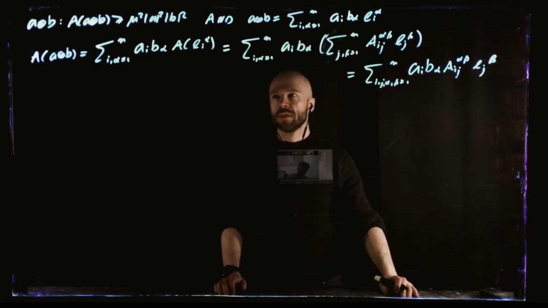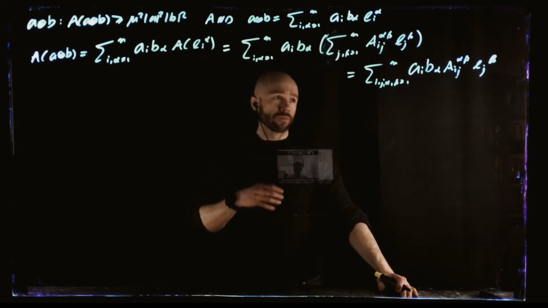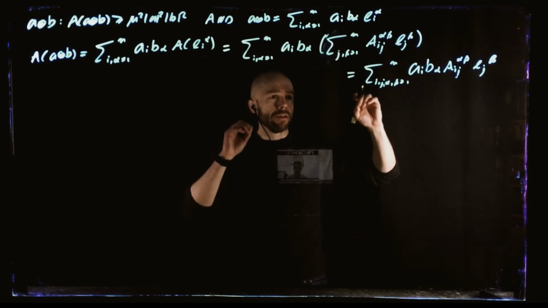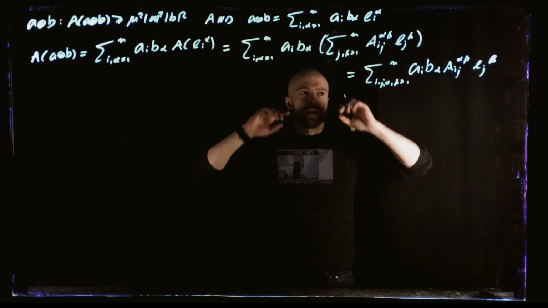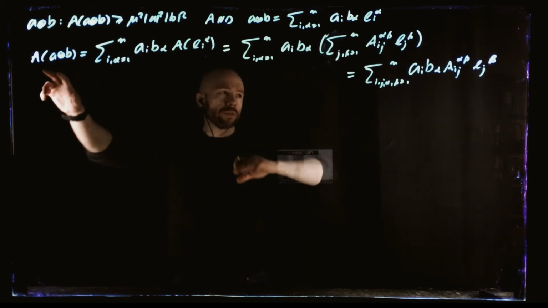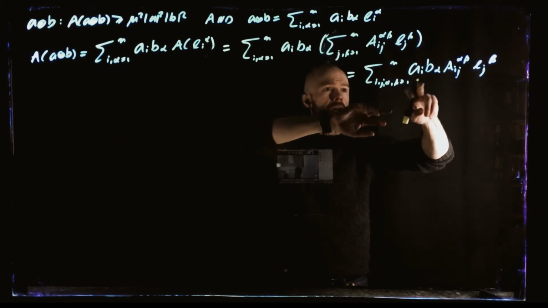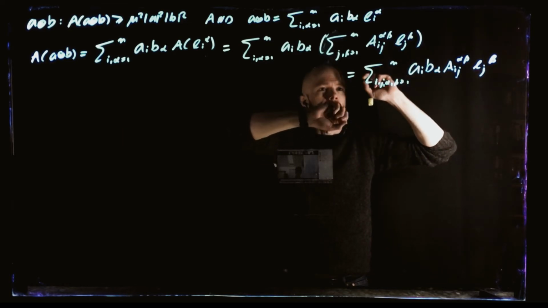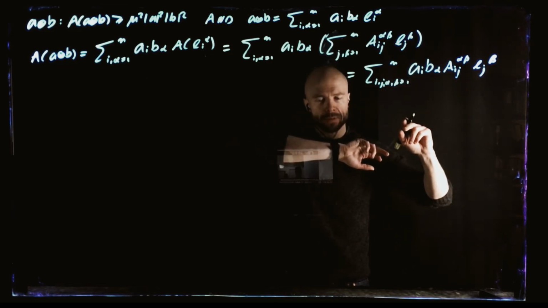Yeah? Cool. So what does that mean? That means that the j beta entry of this matrix is given by the sum over I alpha of this expression. Yeah?